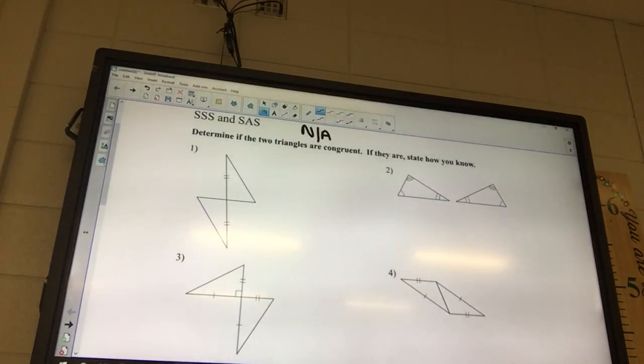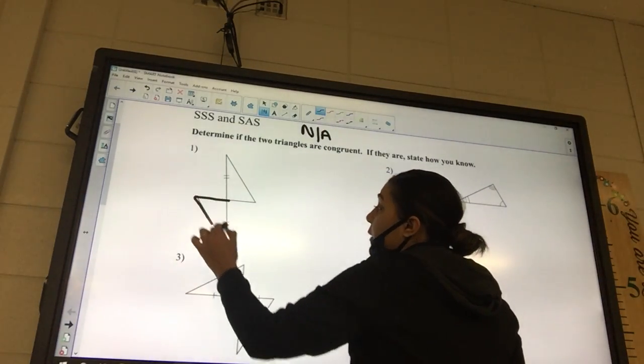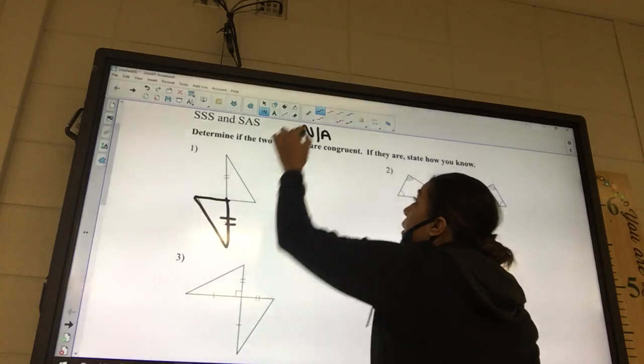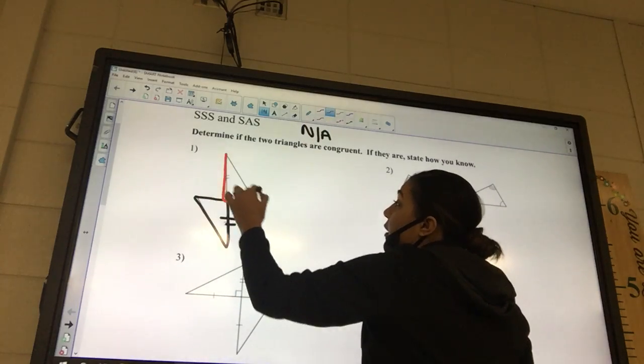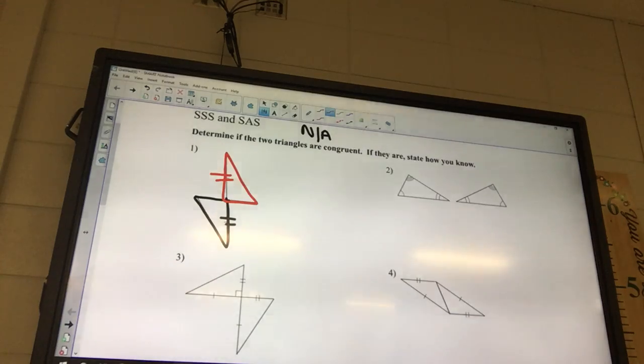Okay, so if we look at the first one, we have these two triangles marked. And some of these you're going to really have to look at separately. So we have this triangle, and it's marked, and we have this triangle, and it has a marking. So we know two of the sides are congruent for sure. Well, you can't say side, side, side because are all three sides marked?